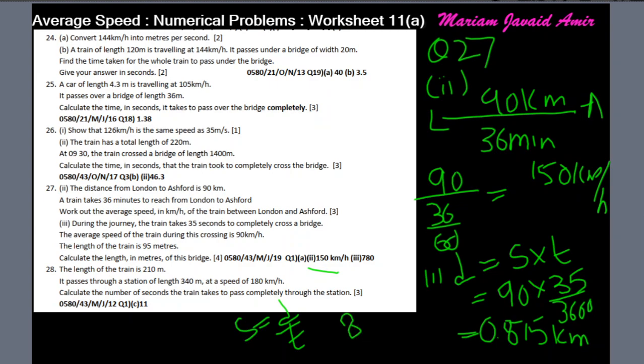So this length consists of the bridge's length and the length of the train. We're given the length of the train, which is 95. So simply subtract 95 from this, and we should get the length of the bridge, which is 780.